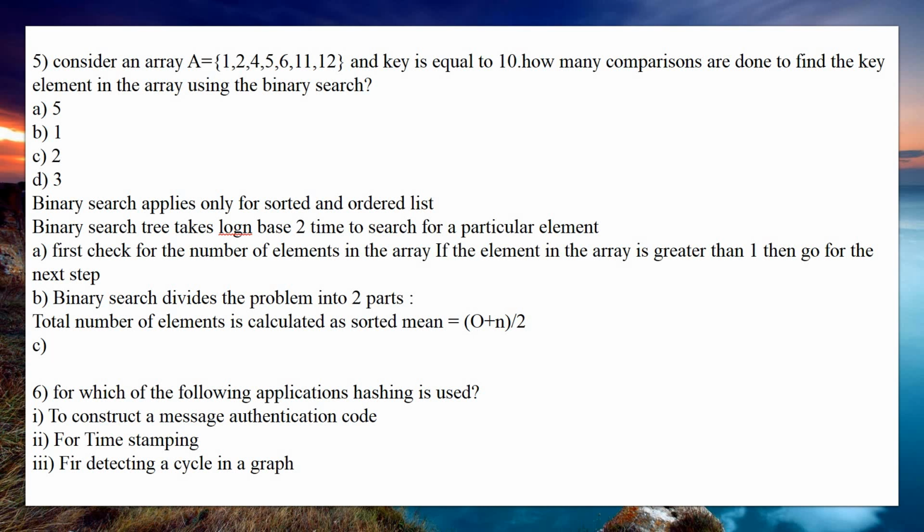Here the problem is divided into two parts, that is n divided by 2, and it goes on until searching is done. Each time it searches an array, it divides it into two parts, n divided by 2, and then compares each element.